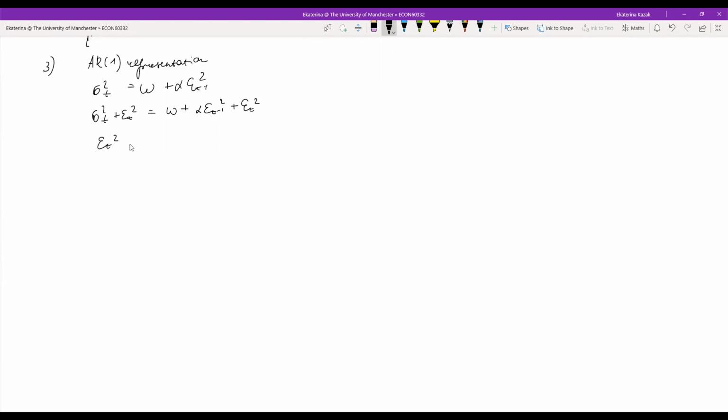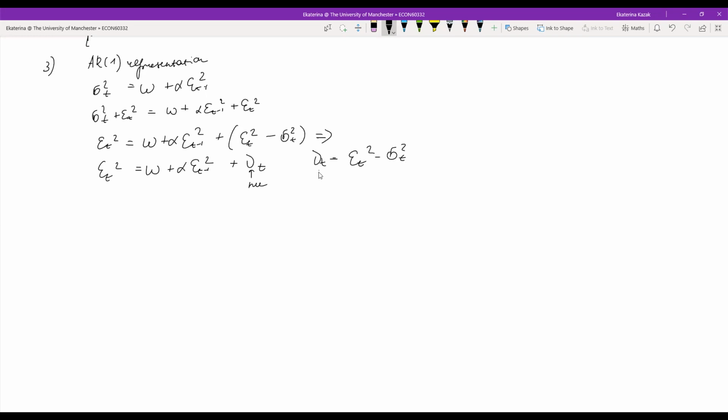And then we rearrange the terms. And now we will write epsilon t squared as an AR(1) process with an error term which we would call nu. And nu t is given by epsilon t squared minus sigma t squared. So now what we need to show is that this nu t, this error term, is a white noise error term. And if that is the case, then we have just shown that an ARCH(1) process can be written as an AR(1) in terms of the epsilon t squared.